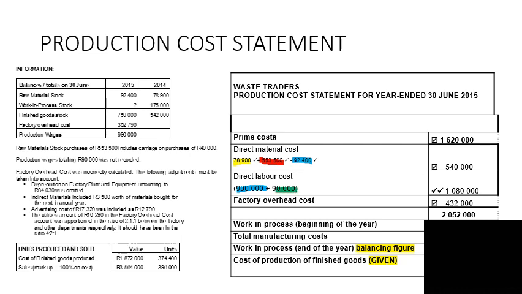Nothing was recorded. We are going to say 990,000 plus 90,000 will give us now 1,080,000, which is our direct labor cost. Then direct labor cost plus direct material cost will give us our prime cost, 1,620,000.